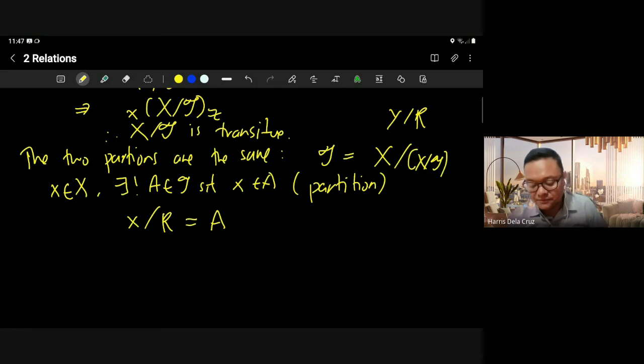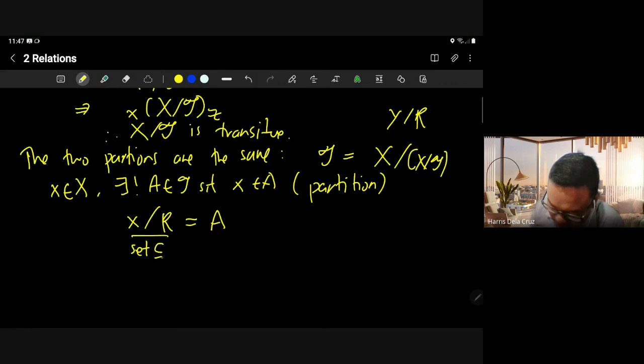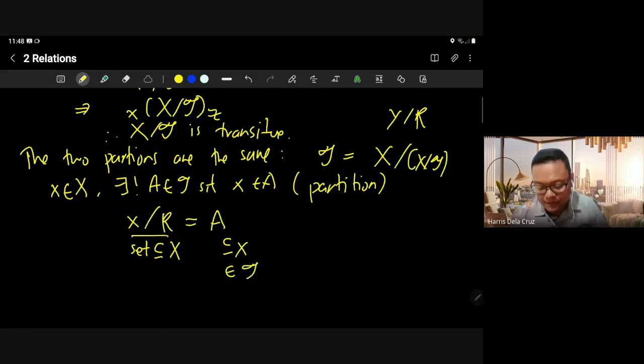Bakit? Alam natin na this is a set which is a subset of X. Tama? Okay. So this set is a subset of X. So if it's a subset of X, on the other hand, A is also a subset of X, and A belongs to the partition T. Now, ang sabi natin, no matter what happen, yung mga partition mutually disjoint.